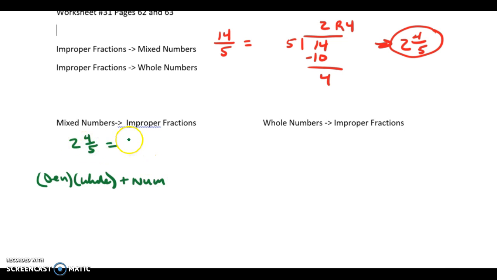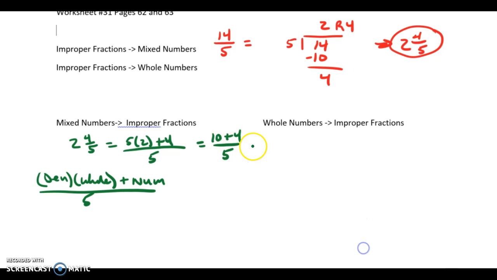So 5 times 2 plus 4, and I'm going to put it all over the denominator, which is 5. And remember, 5 times 2 is 10. 10 plus 4 is 14. And that would give you 14 over 5.